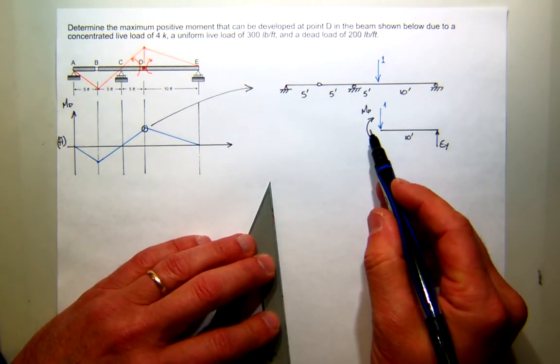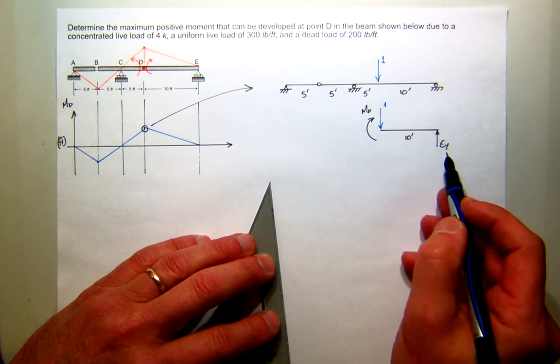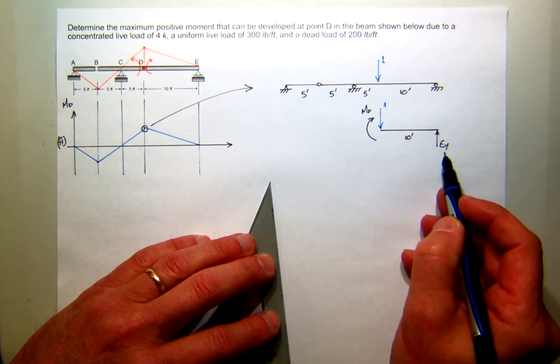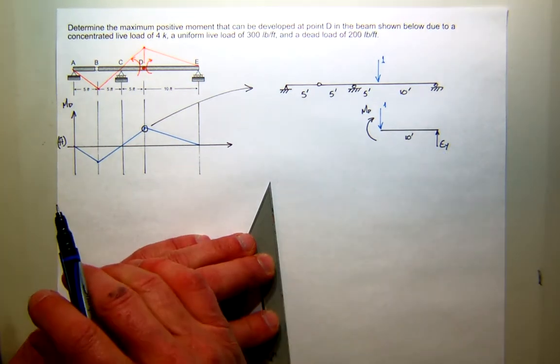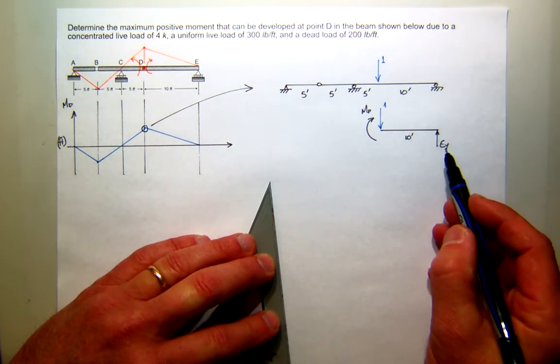So to actually calculate the moment at D for this position, what do I need? EY. How do I get EY? In the Y direction. Sorry? We know the moments about B are 0, right? So how do I find EY?